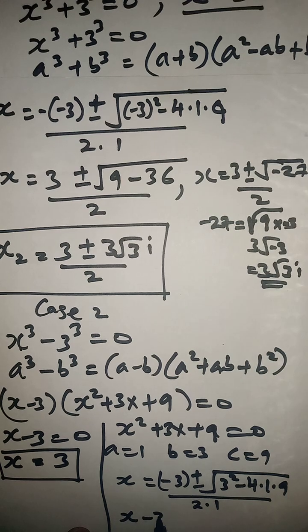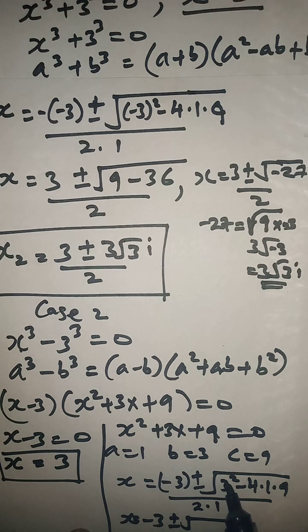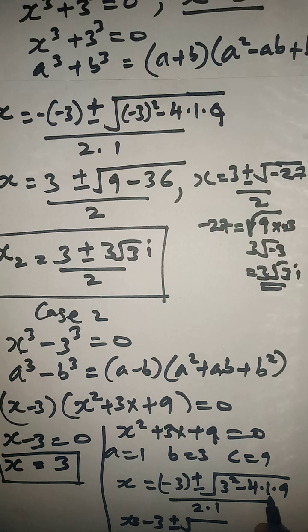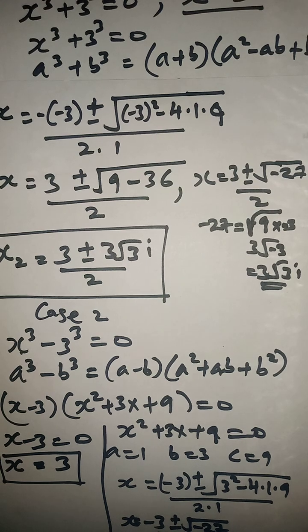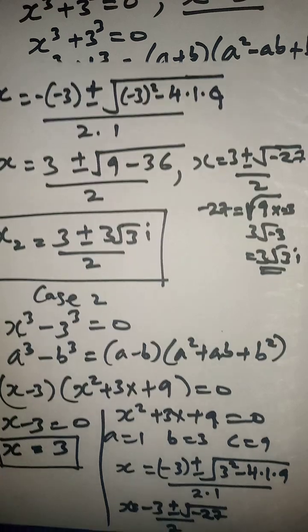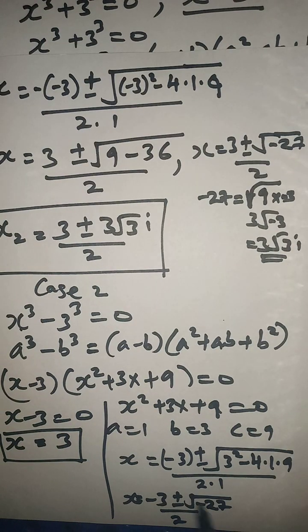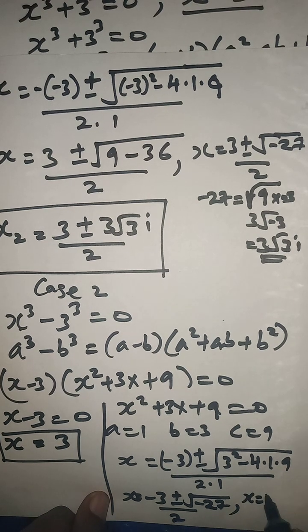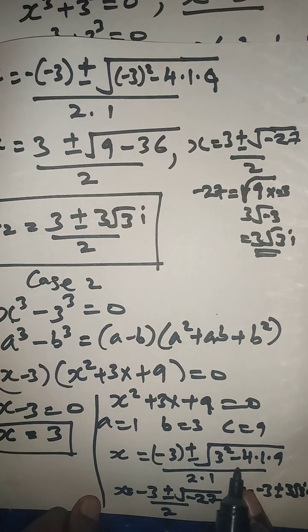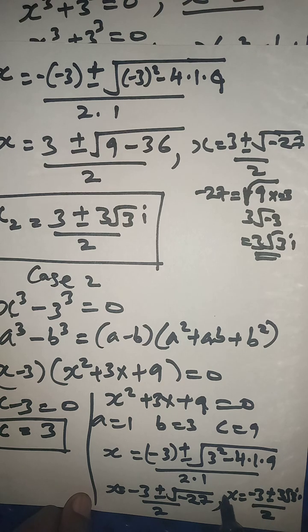Simplifying that, I'm going to get negative of 3 plus or minus, of course, 3 squared is 9, minus 4 times 9, you still get negative of 27, divided by 2, which can also be simplified in terms of its complex number, as x now becomes negative 3 plus or minus 3 root 3i divided by 2.